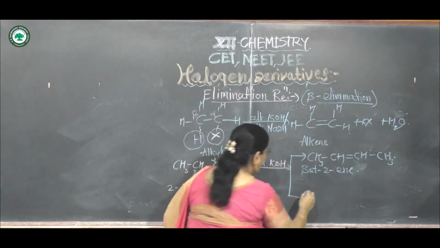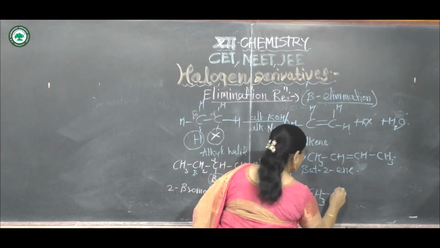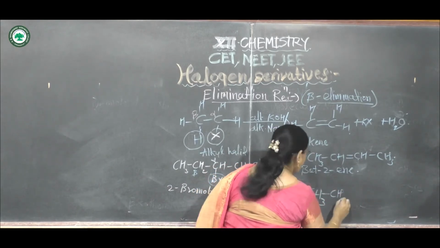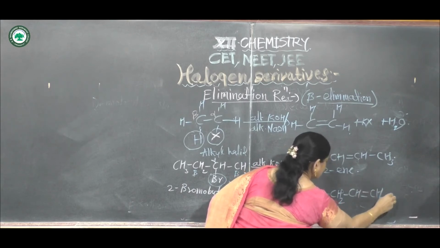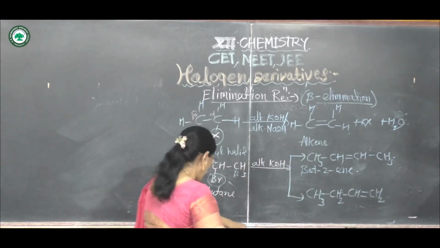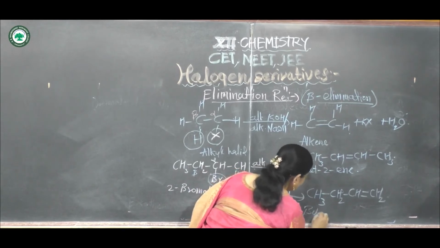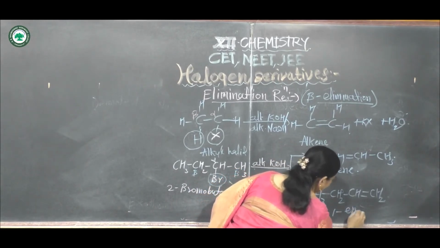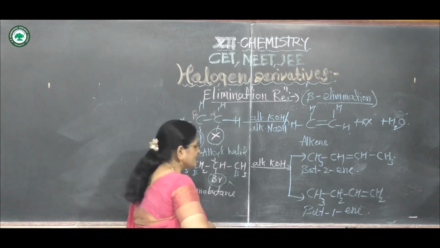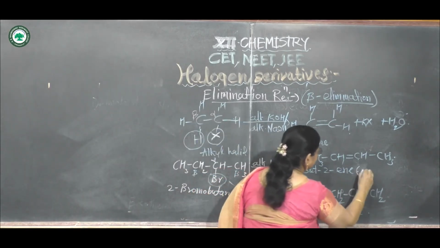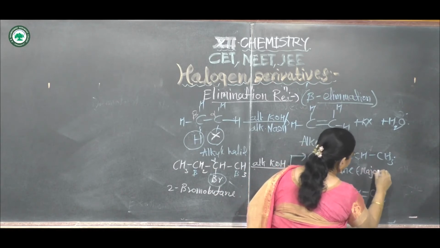And the second compound is CH3, CH2, CH, double bond, CH2. The name of this compound is but-1-ene.